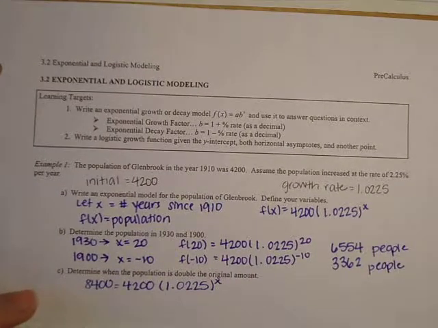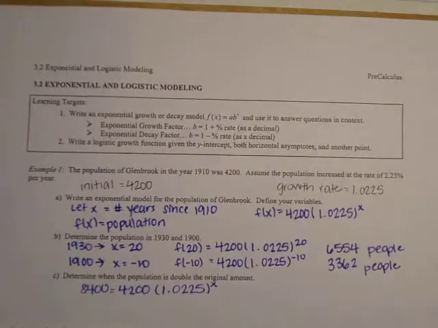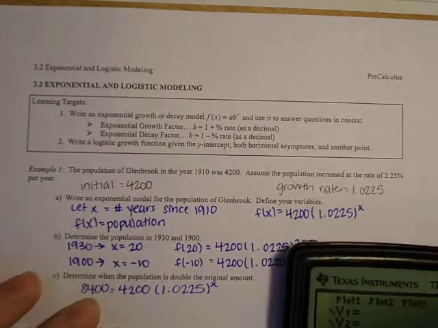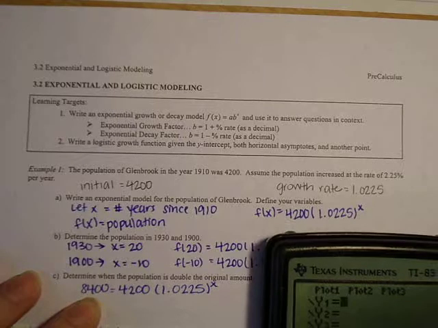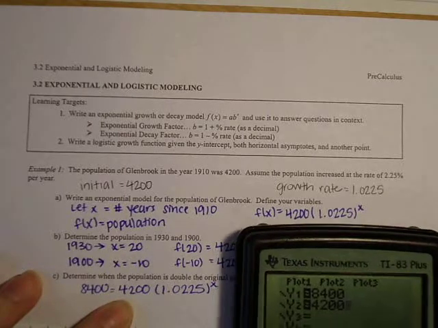So to solve for x, it'll be best to put this in our calculator. So we're going to have our y1 equals 8,400, our y2 will be 4,200 times 1.0225 raised to the x.